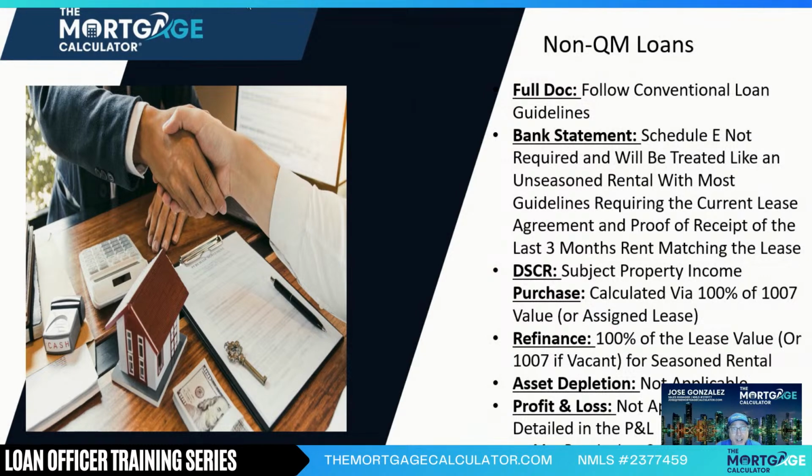Now, DSCR, our flagship product, that's the easiest one, right? Because a DSCR is not a DTI-based program. There is no debt to income analysis being done on a DSCR loan.